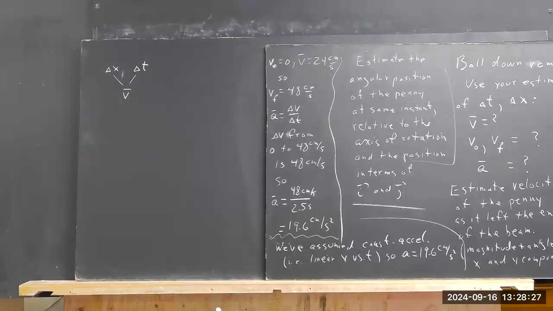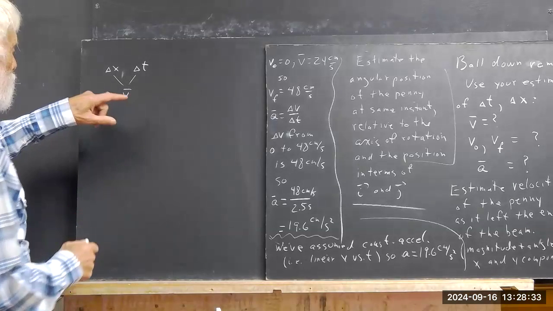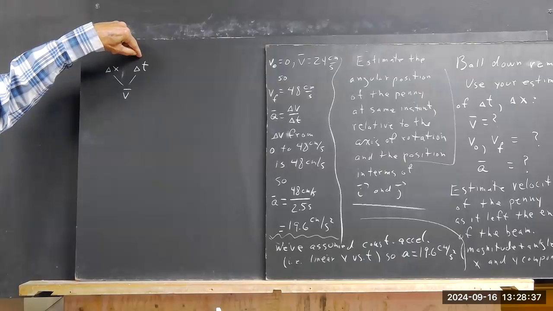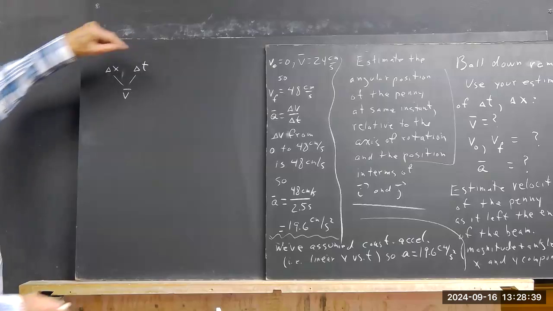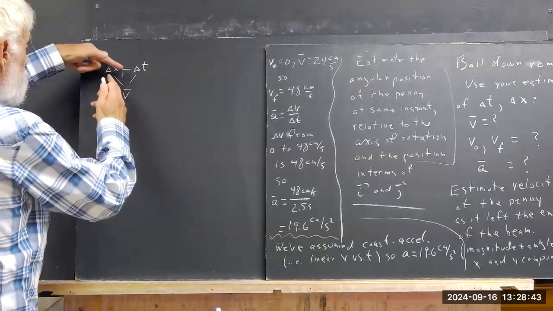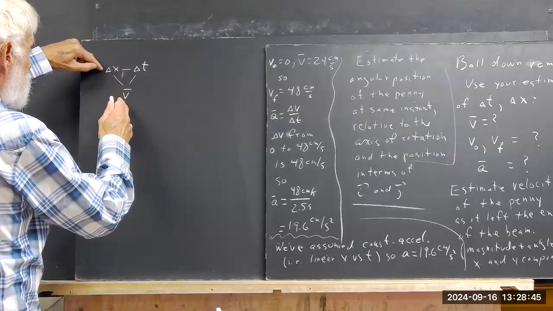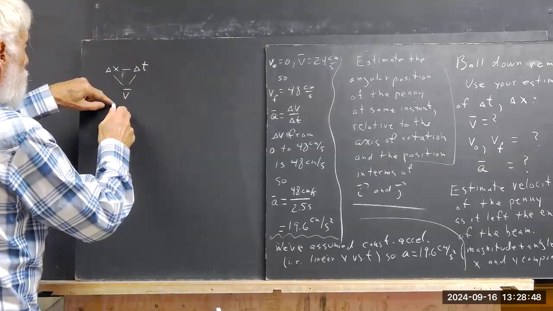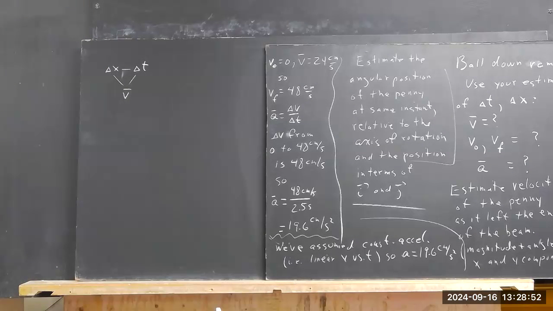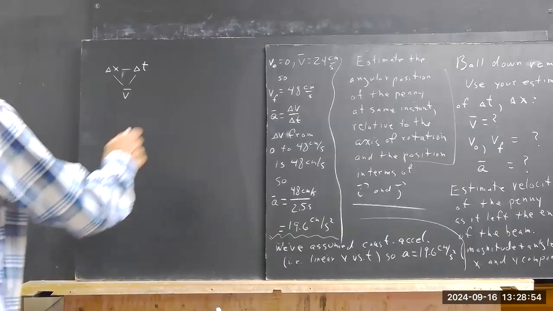Now, there's another connection we can make. If I know V bar and delta X, I can get delta T, right? So V bar and delta X go together to give us delta T, or V bar and delta T go together to give us delta X. Then we can write it out.